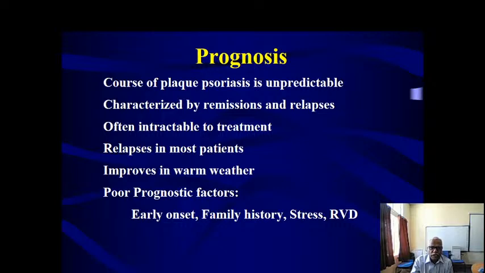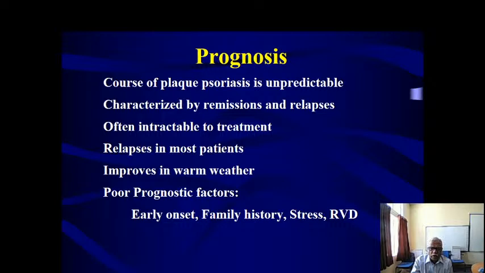Prognosis: if you treat adequately, prognosis is good. Of course, you can give only remission, but they may relapse at any time, and most of the time they relapse, but you have to treat adequately and in time and avoid stress. Be very careful about retroviral disease.